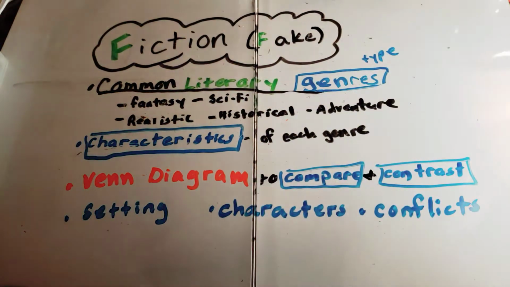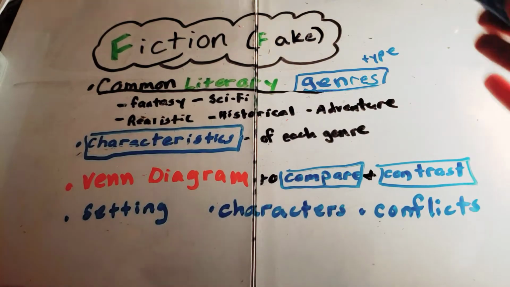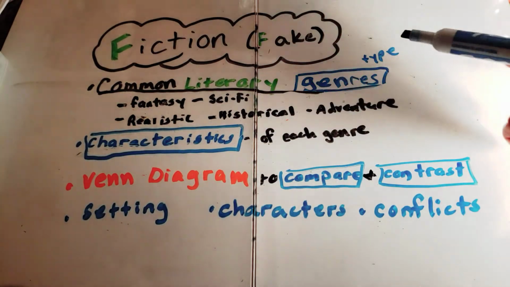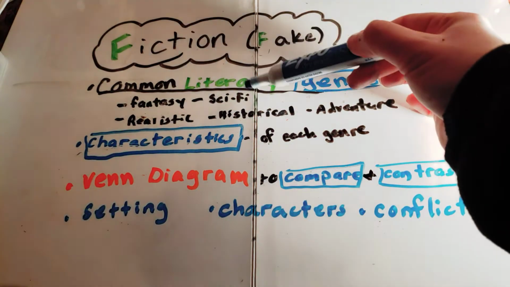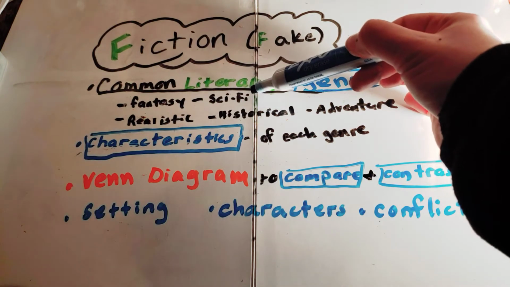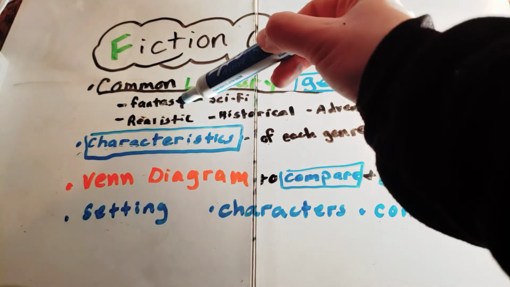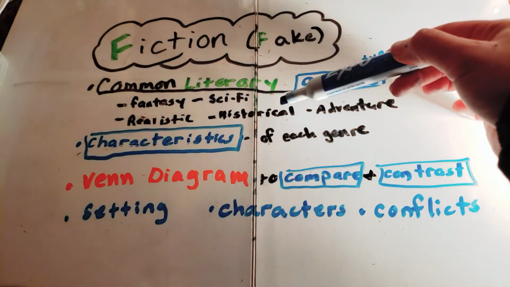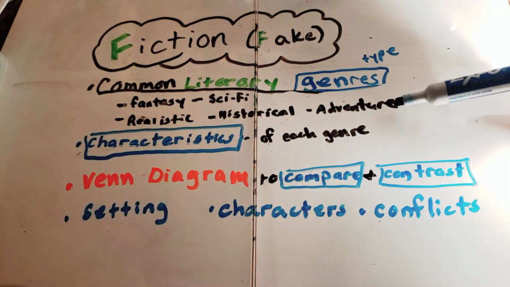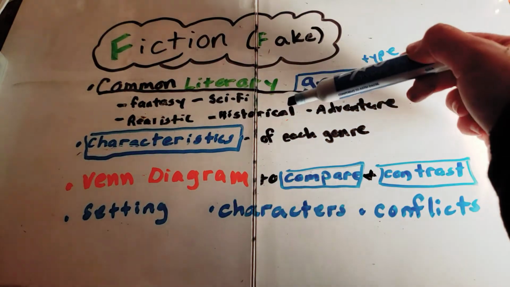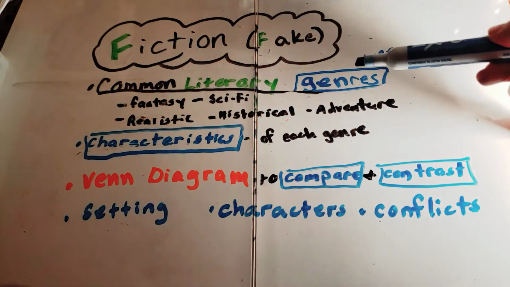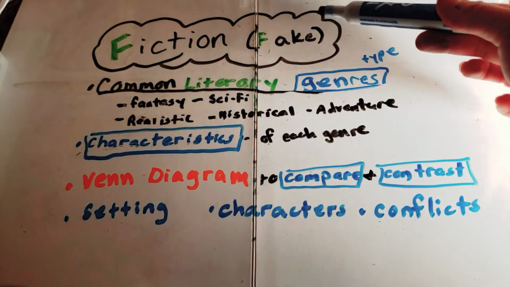The genre is the type of story being told. The examples of genres we went through today were fantasy, science fiction, commonly called sci-fi now, realistic fiction, historical fiction, and adventure stories. So each of those is a genre or a type of fiction story.